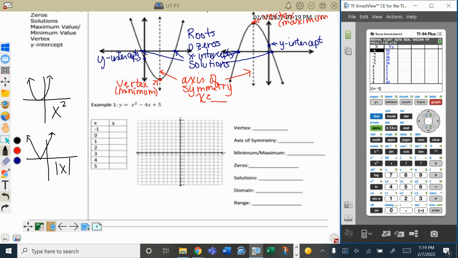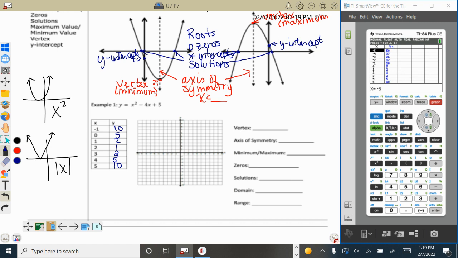So when x is -1, our y is 10. When x is 0, our y is 5. At 1, our y is 2. At 2, our y is 1. And then 2, 5, and 10.